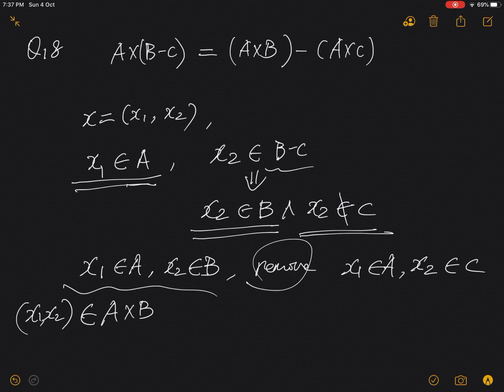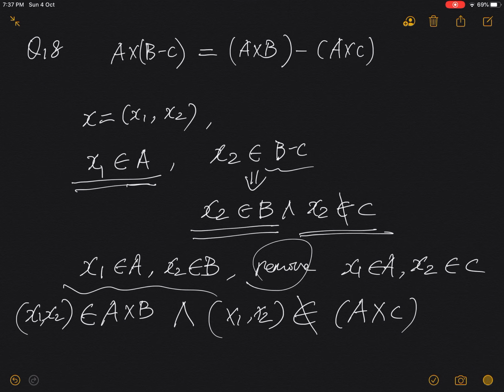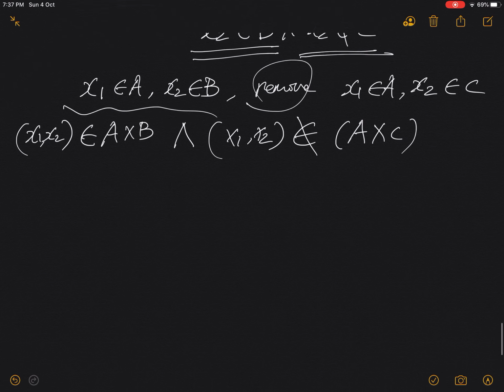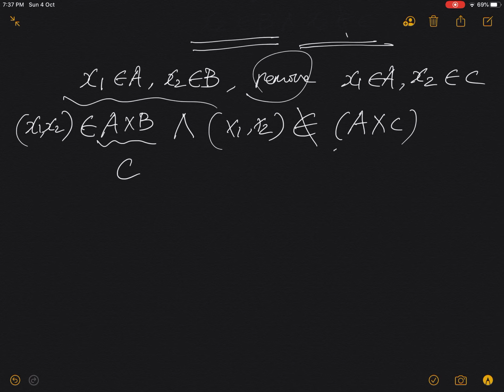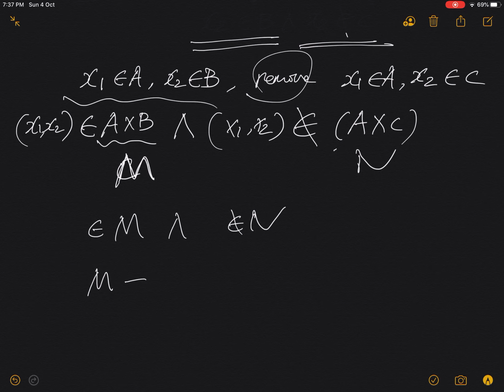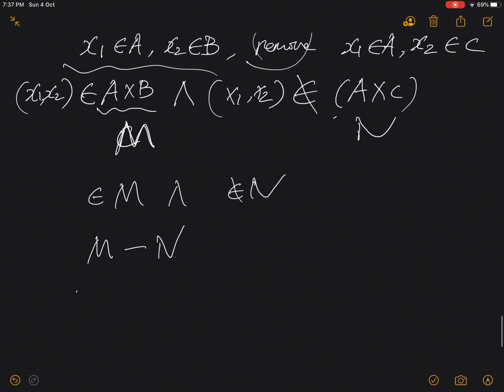We need to remove those where x1, x2 belong to A times C. If we treat these as sets M and N, there exists an element in M and not in another set N. This means M minus N. So M here is A times B, minus A times C. That's the right hand side.